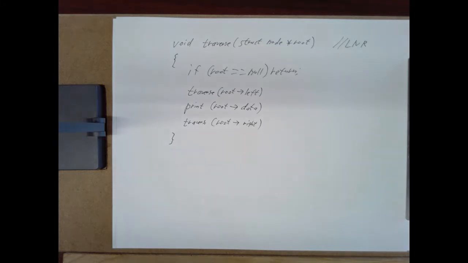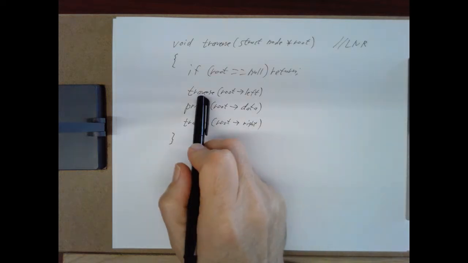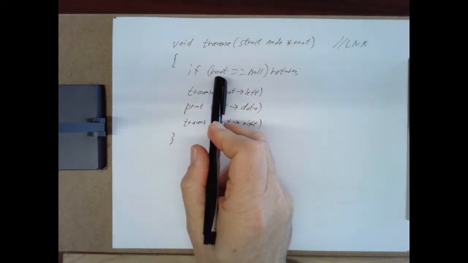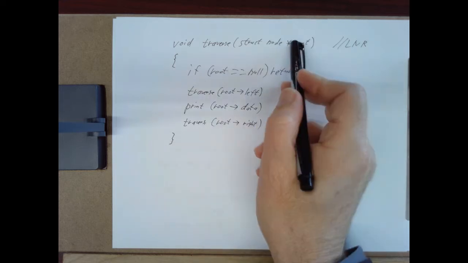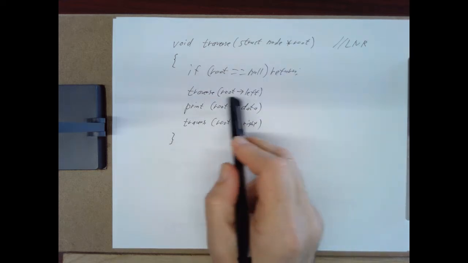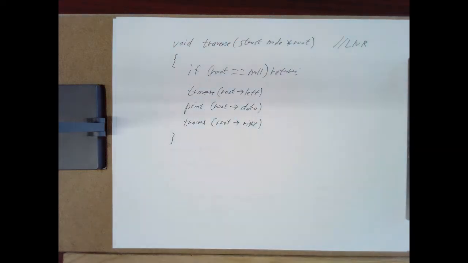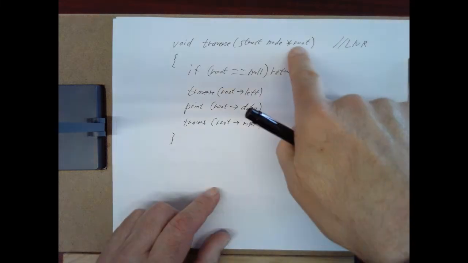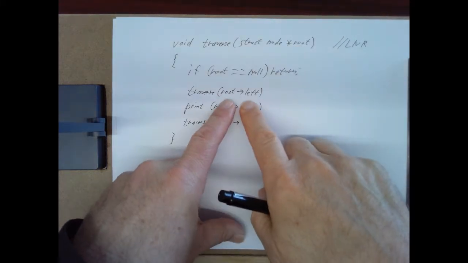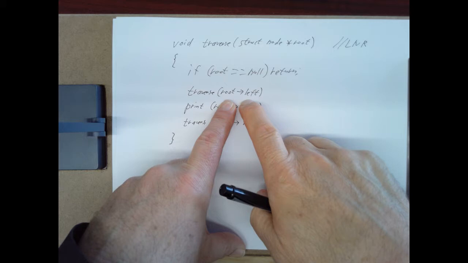It uses the computer stack, so that's where all this stuff is being saved, is that every time we call traverse, the current value of root is being saved on the stack. It's a local variable, right, because it's an argument. So when we call traverse, we get a new instance of traverse within which root is equal to the left child of the previous root. But that previous root is still saved.